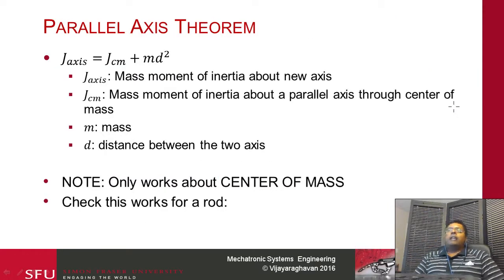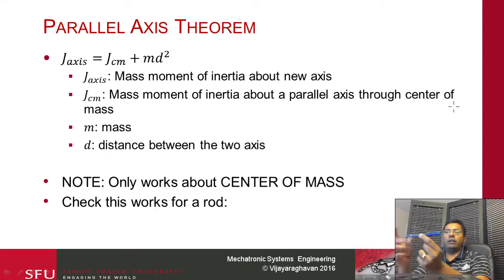The next important thing that we would usually discuss when it comes to area moment of inertia is what's known as the parallel axis theorem. So the parallel axis theorem states that if I want to find the moment of inertia about an arbitrary axis, we'll call this an arbitrary new axis, I can calculate this if I know the moment of inertia about a parallel axis passing through the center of mass.